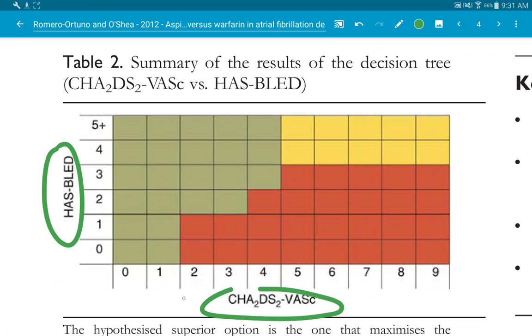The bottom here, this is the likelihood that they might have a stroke. Okay, what's the likelihood of a clot forming? And then here's the key thing. Green is no prophylaxis, no treatment. The yellowish color there, that is aspirin, and the red is warfarin.